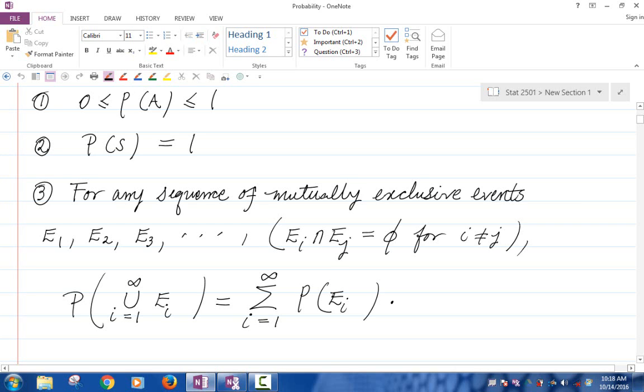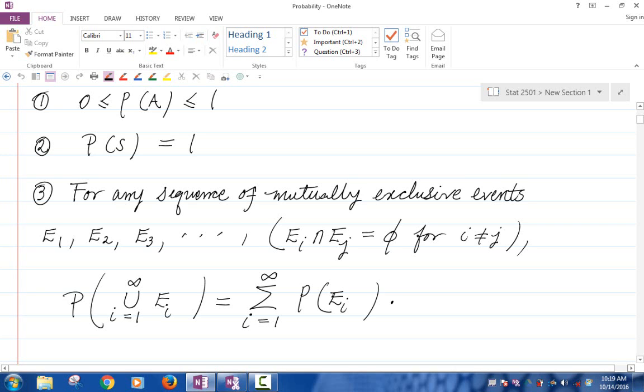Now, do you feel like number 3 should be true of probabilities? Well, the events are mutually exclusive, right? If you have mutually exclusive events, you would expect the probability of the union to be the sum of the individual probabilities.